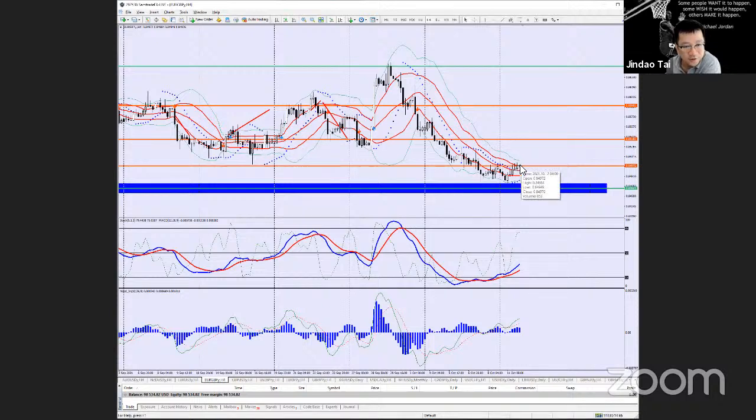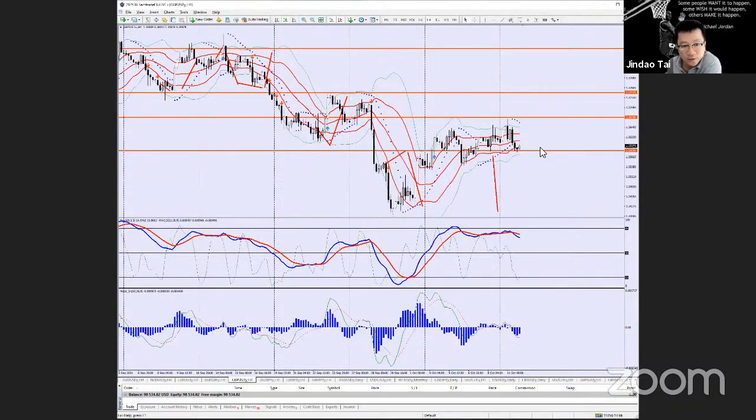At this point, I think that because of that consolidation we see on the euro dollar, we're going to see the euro pound sit right at this 84.97 level before any decisions. It might fluctuate a little bit in this area, but if you're going to be trading the euro pound, you want to pay attention to not just the euro dollar, but also what the pound dollar is doing.